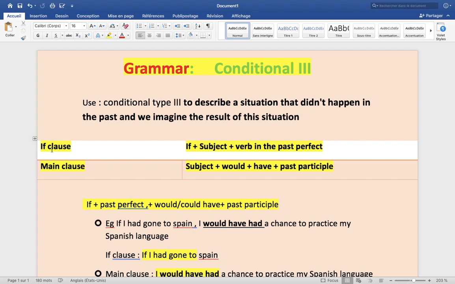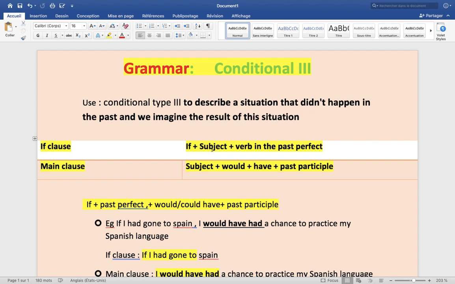When you are talking about conditional type 3, we're going to have two clauses: the if clause, which starts with if, and the main clause, which is like the other sentence. In the if clause we have if plus the subject plus the verb in the past perfect.